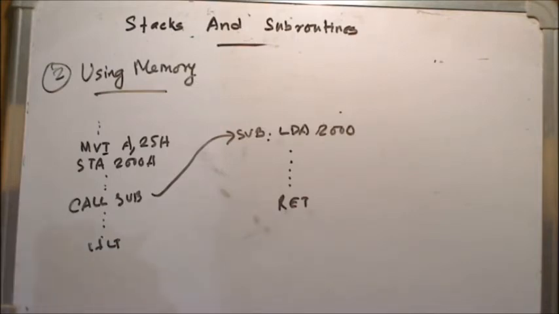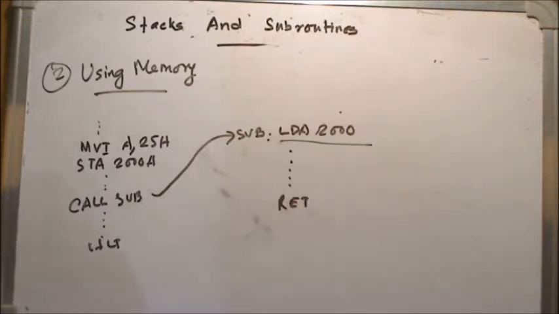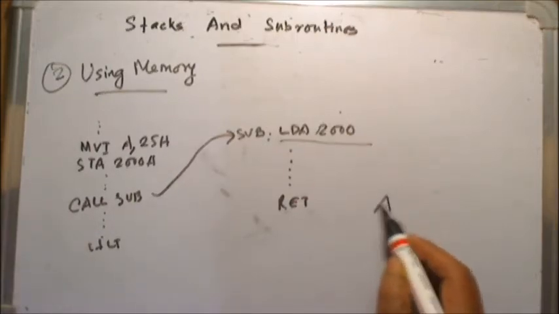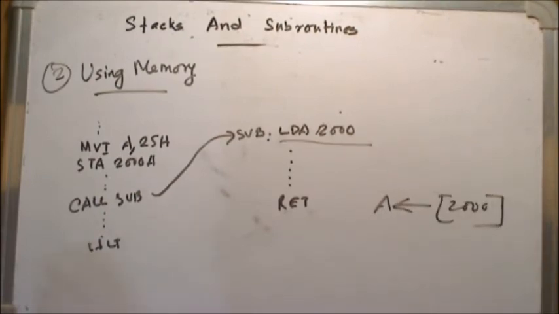Now every time we look at the first line of the subroutine, it will tell you the story that is going on. LDA 2000 means A is getting the value stored in memory location 2000, right?